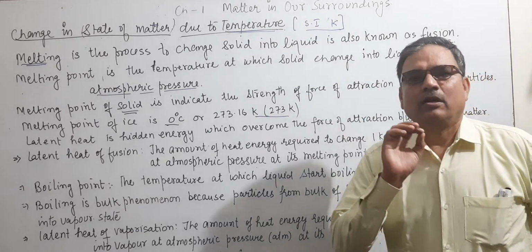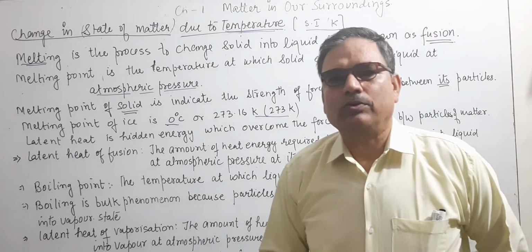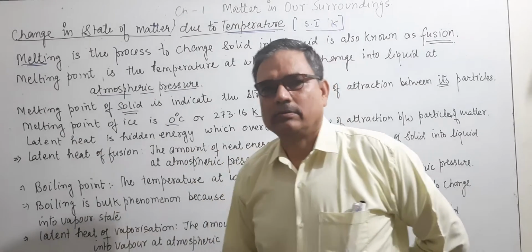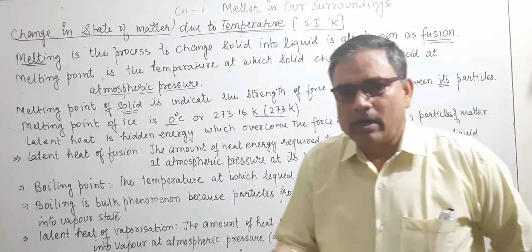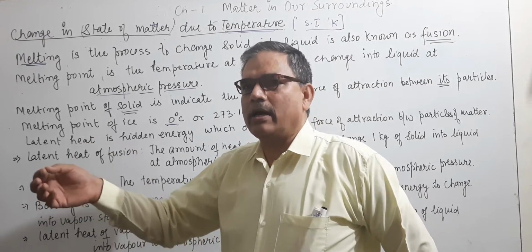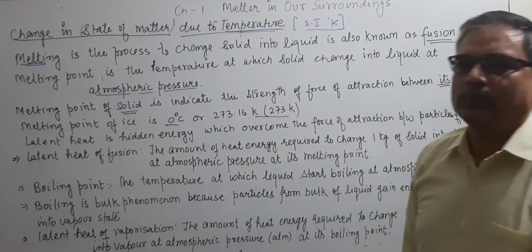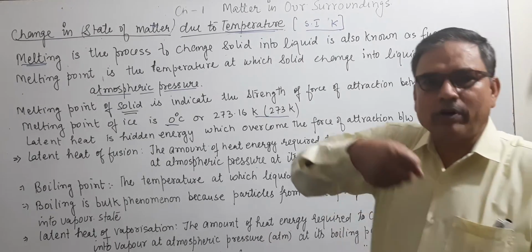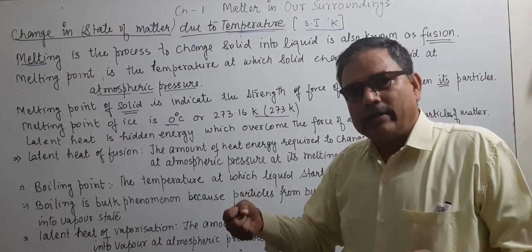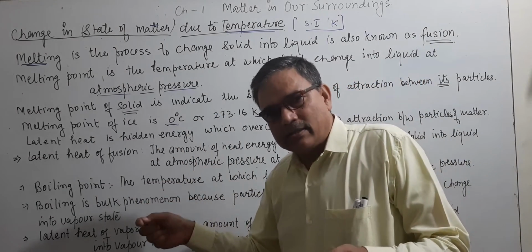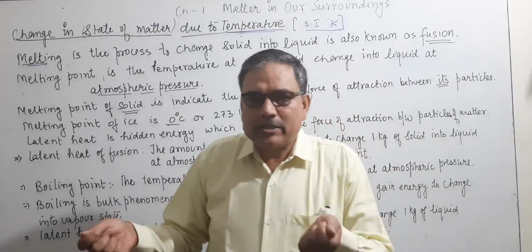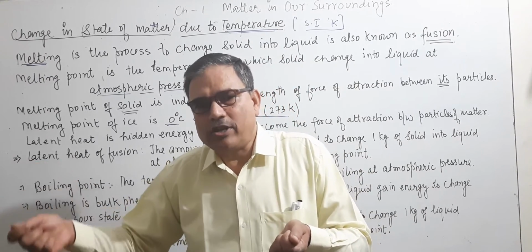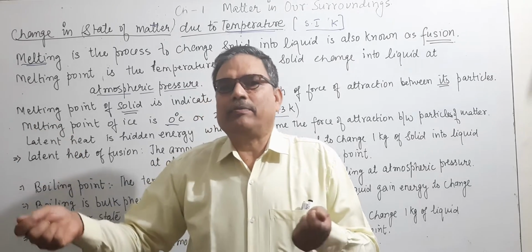Boiling is the process to change liquid into gas. Boiling is the process in which the liquid starts boiling and changes into vapor. Now the heat is supplied to that water. That heat also overcomes the force of attraction and it is converted into gas at the boiling temperature of that water, and the temperature of that steam, that vapor, will be the same.